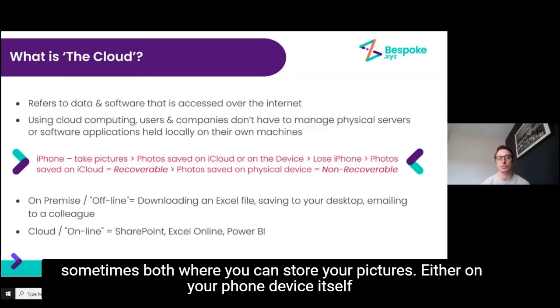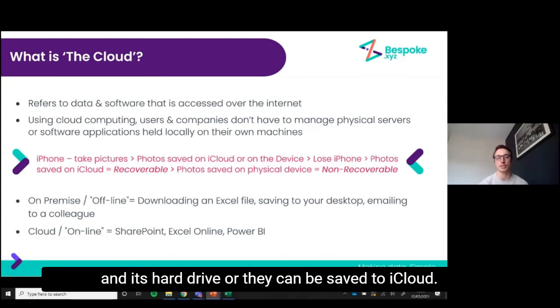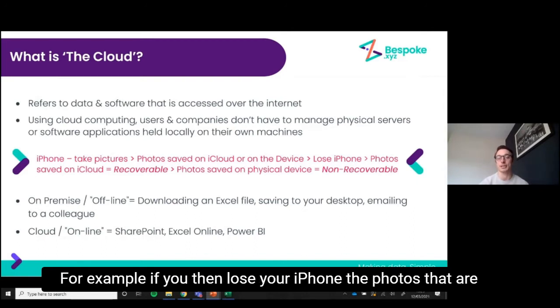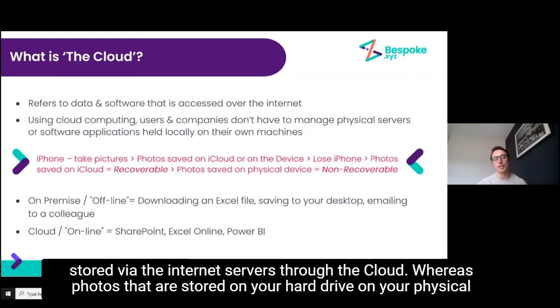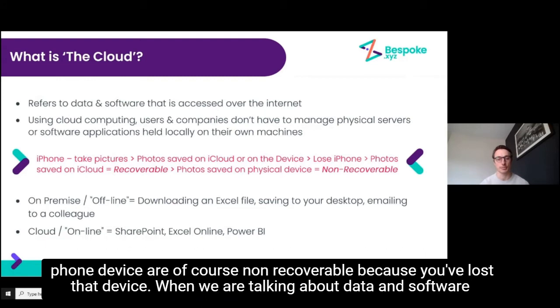There's usually two options, or sometimes both, where you can store your pictures on your phone device itself and its hard drive, or they can be saved to iCloud. So in the example, if you then lose your iPhone, the photos that are saved on iCloud are therefore recoverable because they're stored via an internet service through the cloud, whereas photos that are stored on your hard drive and your physical phone device are of course non-recoverable because you've lost that.